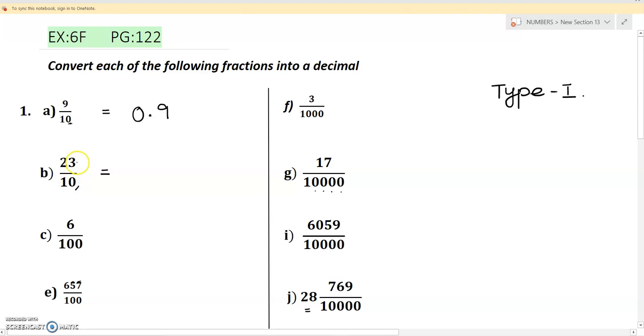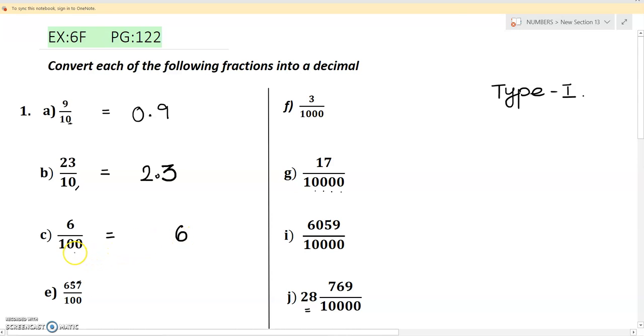The next fraction is 23 by 10. Write down the numerator first. It is 23. We have 1 zero in the denominator. So we are going to place a dot before one digit. So it is 2.3. The next fraction is 6 by 100. Write the numerator. It is 6.